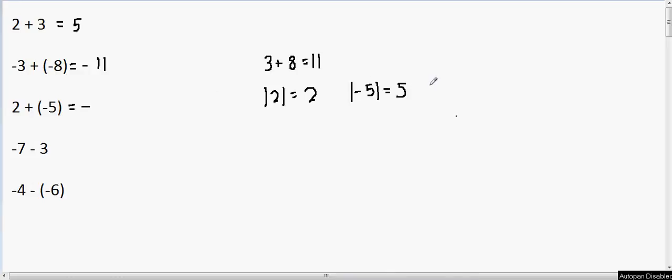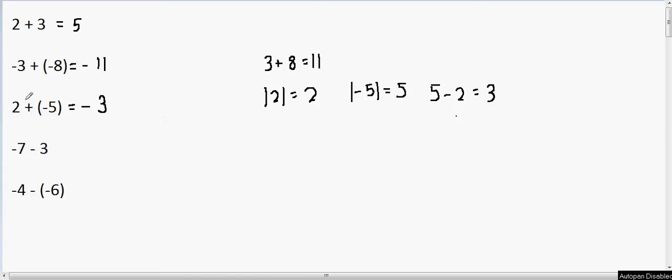We then subtract the two numbers. Five minus 2 is equal to 3, so the numerical part of our answer is 3. So the final answer to this problem is minus 3.